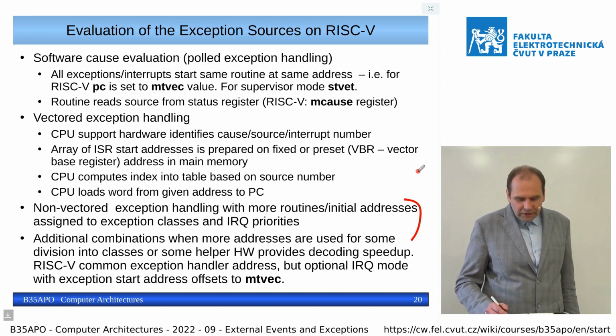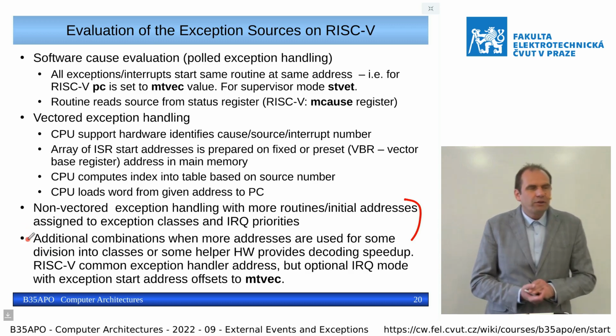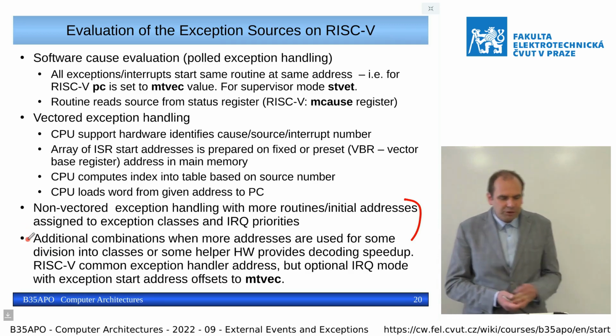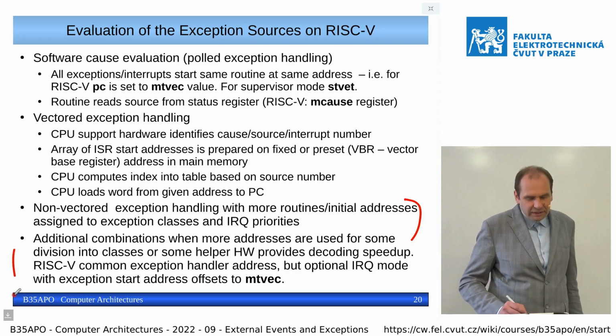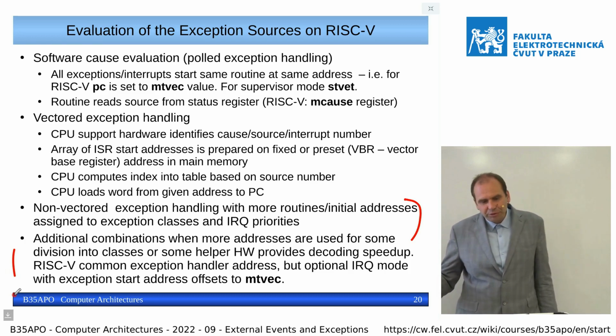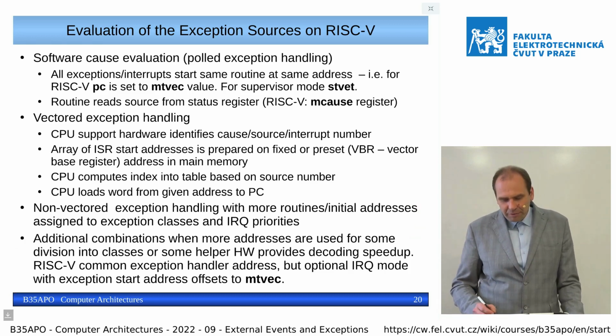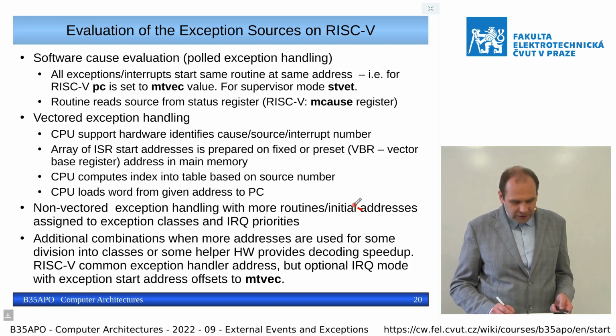For example, on RISC-V it is possible to set up a mode where for the exceptions, all exception processing starts at a single address, and then for each external interrupt source you have another address which is set to the program counter at the start of the exception processing.